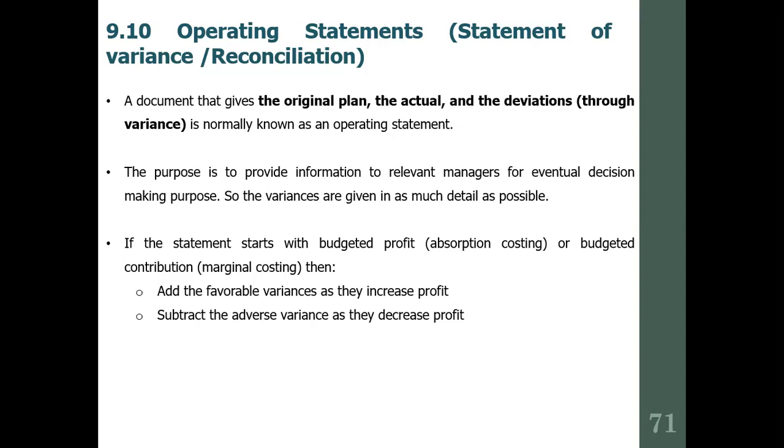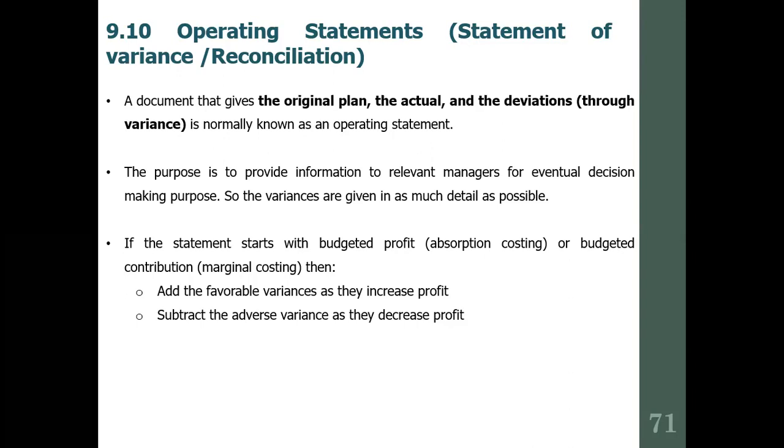If the statement starts with the budgeted profit, that is again the difference; it highlights the absorption costing system versus the marginal costing system. Under the absorption costing system, we start with the budgeted profit, whereas under a marginal costing system, they start with the budgeted contribution. Thereafter, if there are favorable variances, add them.